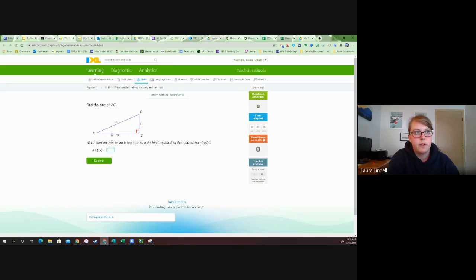So, for example, on this one, sine of G, the opposite over hypotenuse, would be 12 over 13. Not sure if it'll allow you to answer as a fraction on this one. I don't think it will. So a decimal rounded to the nearest hundredth, if you go 12 divided by 13 in your calculator, would be 0.92.